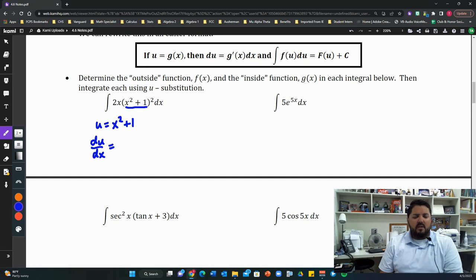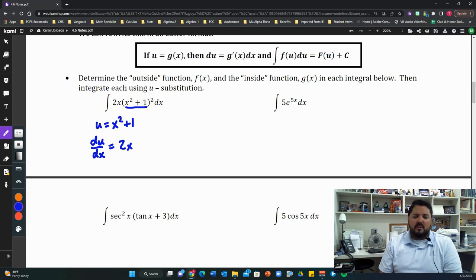If I write that out and take the derivative, the derivative of x squared is just 2x. However, I don't have a du dx quantity inside of this integral. What I do have is a dx quantity. So we take this notation, separate, and move the dx over to the right side.